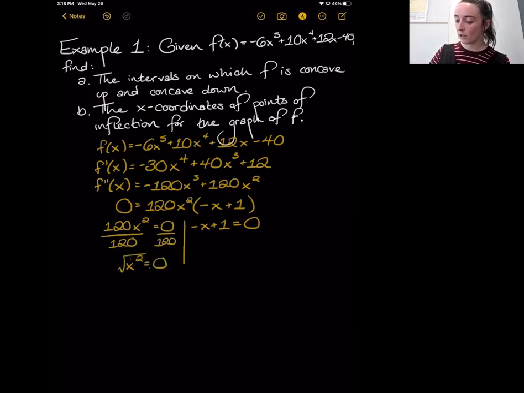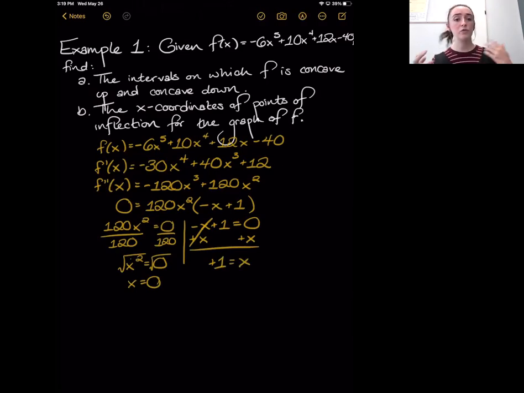I'll take the square root of each side, and I see that x equals 0. That's one of my x values. And then on the other side, let's add an x to each side. So then we're left with positive 1 is equal to x. So those are our two x values where the second derivative is equal to 0.